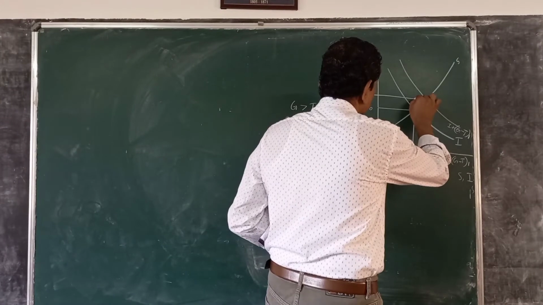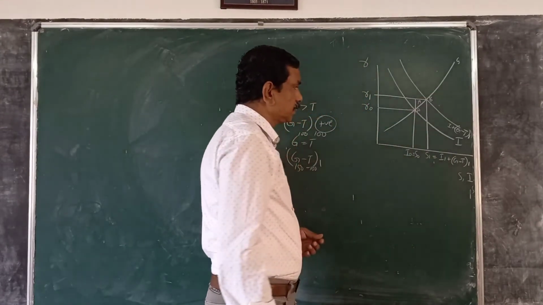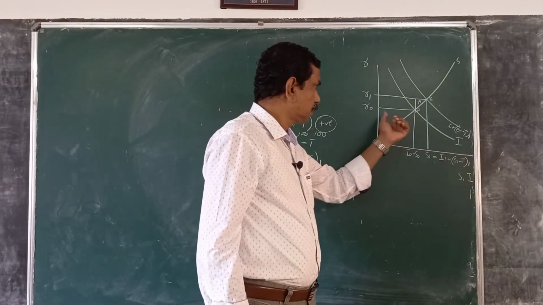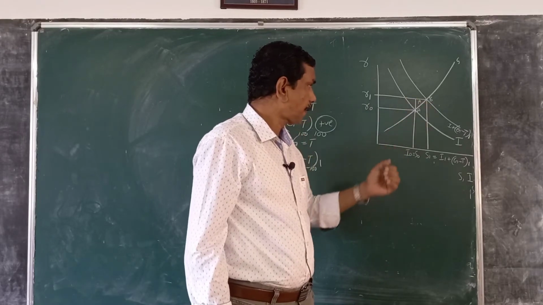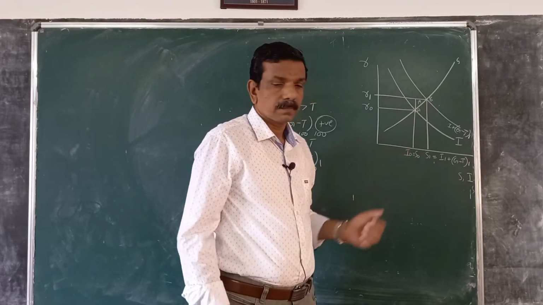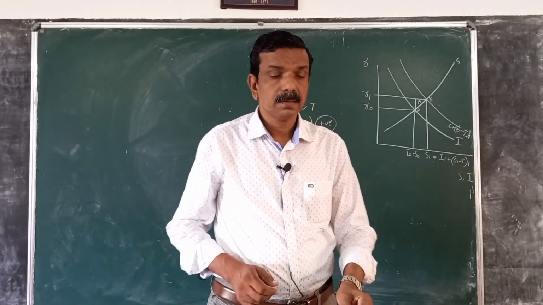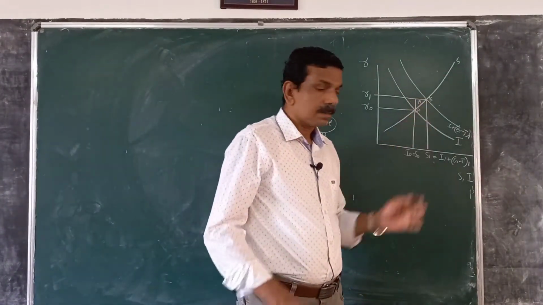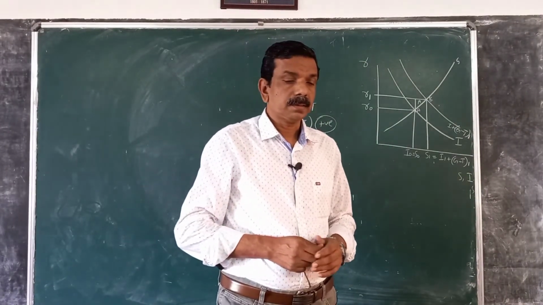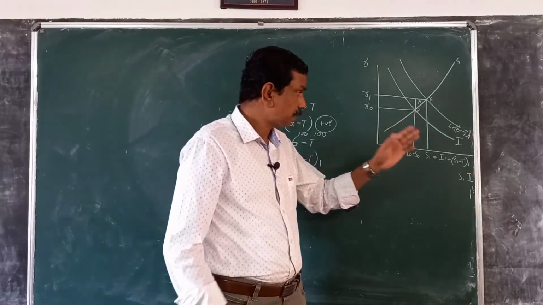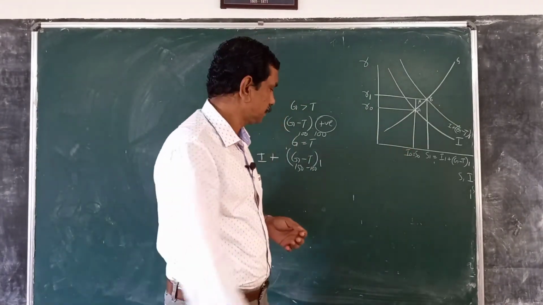This is shown by the distance A. When R is equal to R0, the saving increase from S0 to S1 is given by the distance A. And the increase in saving is equal to the decrease in consumption.